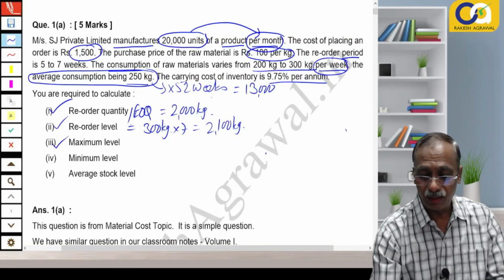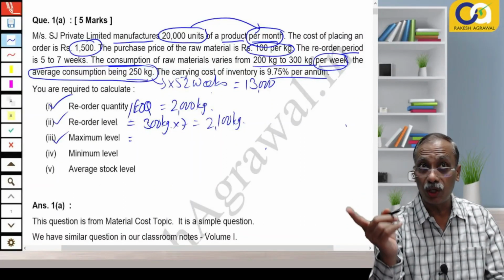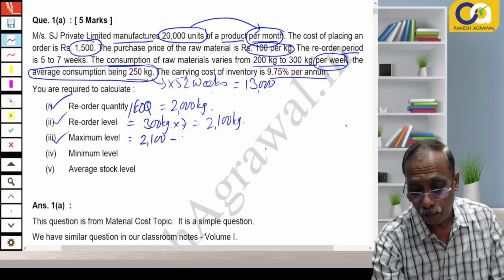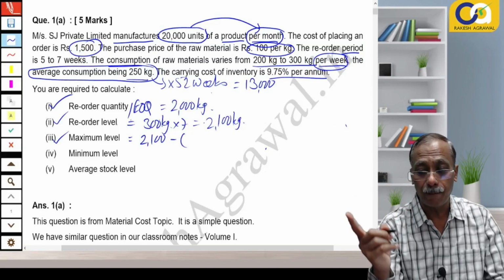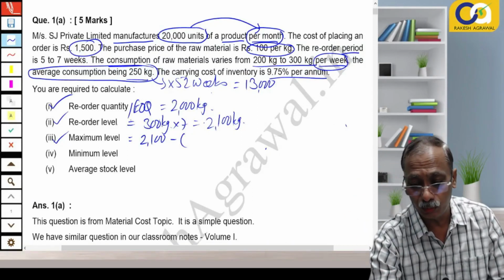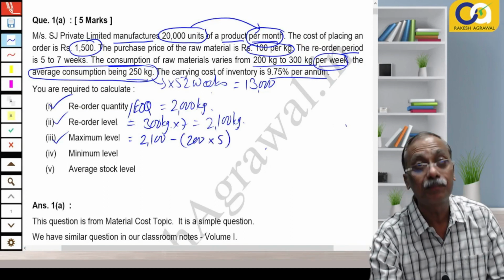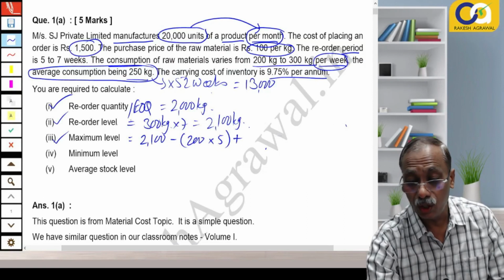Now maximum level. If you remember the formula, maximum level is equal to reorder level first. Reorder level means 2,100 minus, in the bracket, minimum usage rate into minimum lead time, that is 200 kg into minimum lead time of 5 weeks, plus reorder quantity.